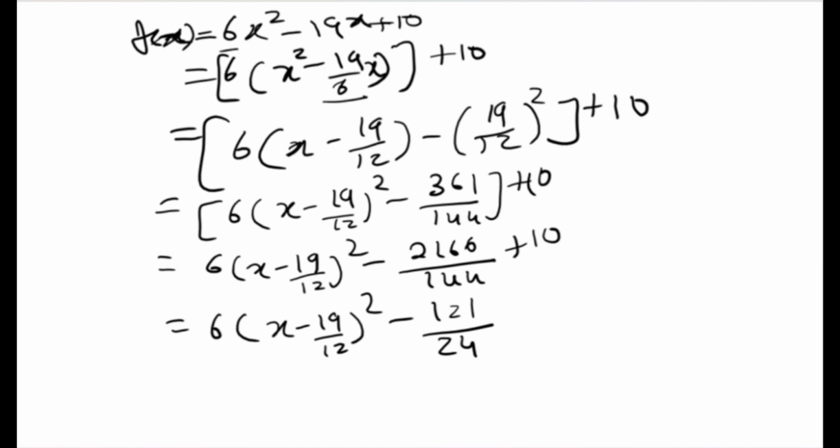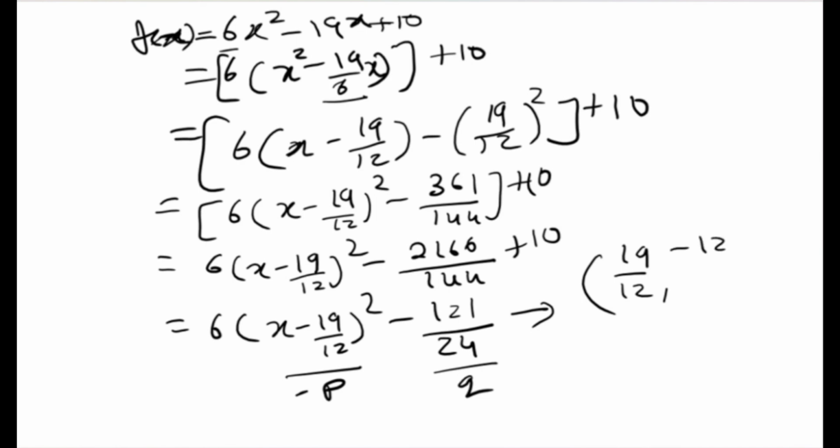Now this is our completing the square. Now comparing with p and q. So this is my p and this is my q. Actually this is my minus p. So that way we can find the coordinates. So the coordinate of my turning point I will get is minus 19 over 12 and minus 121 over 24.